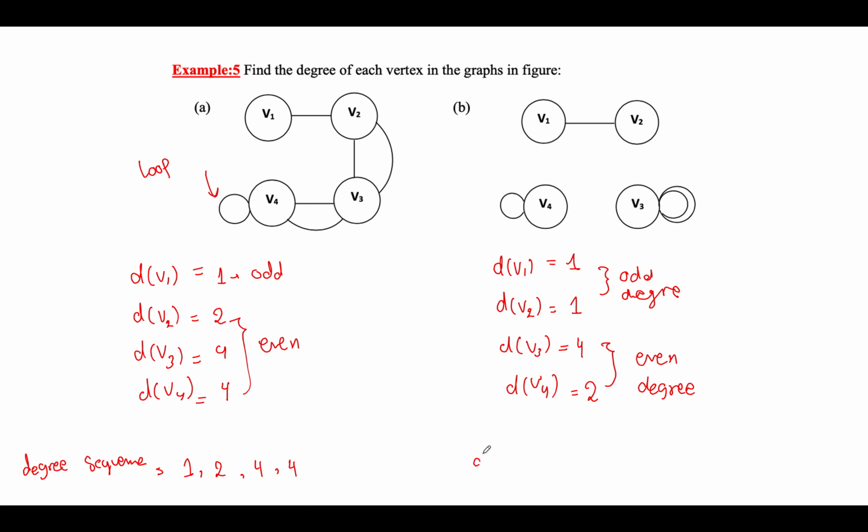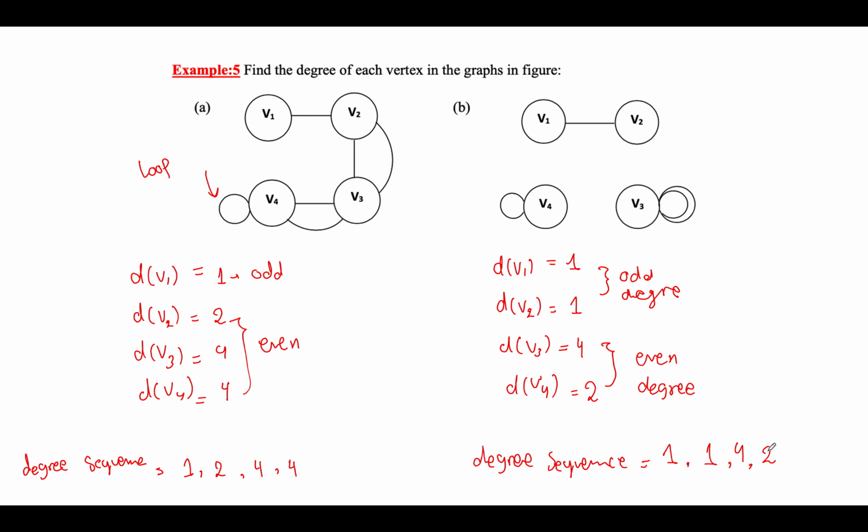The degree sequence for the following graph is equal to 1, 1, 4, 2.